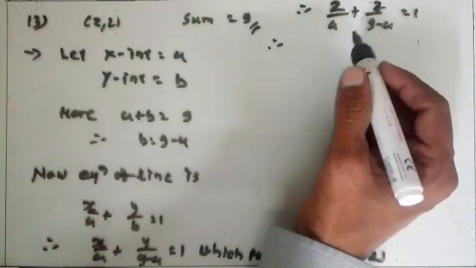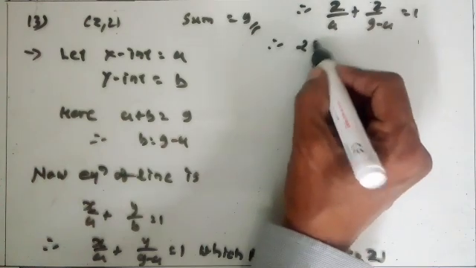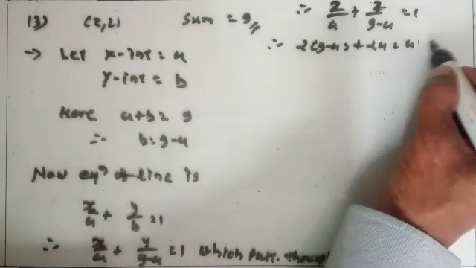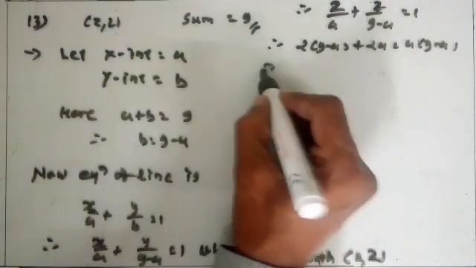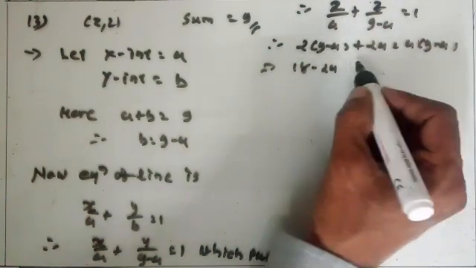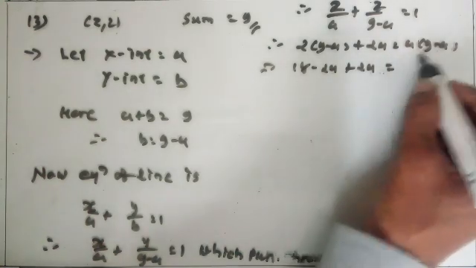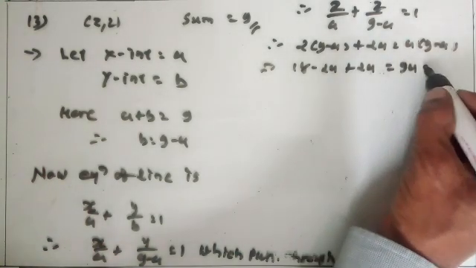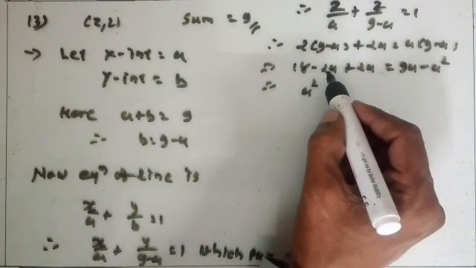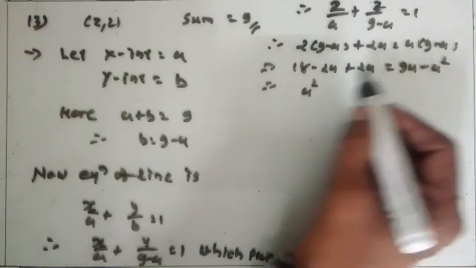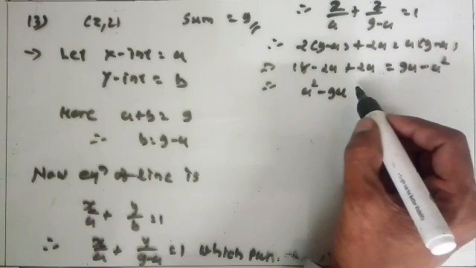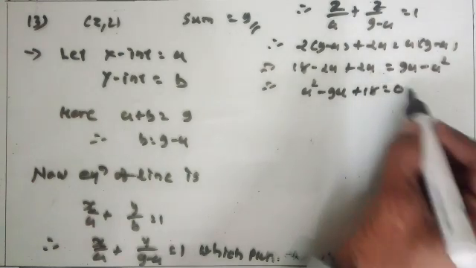Take LCM of A and 9 minus A, we get 2 into 9 minus A plus 2 into A is equal to A into 9 minus A. Clear? Therefore, 18 minus 2A plus 2A is equal to 9A minus A square.